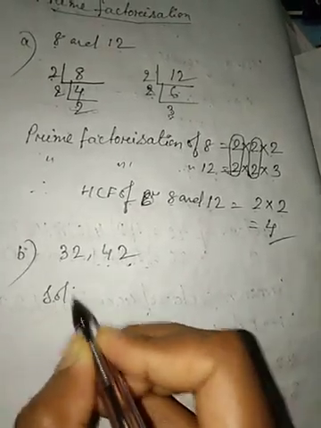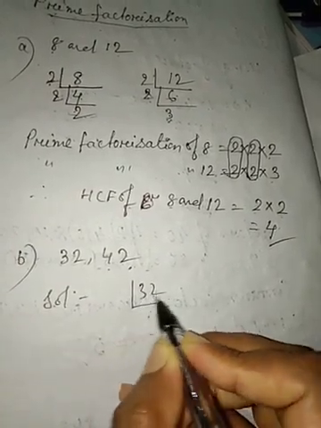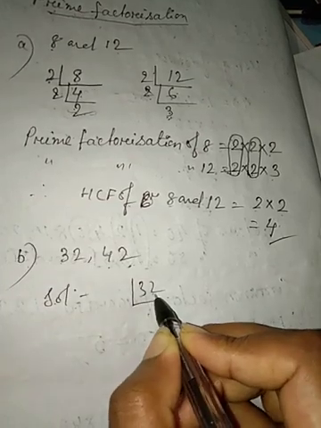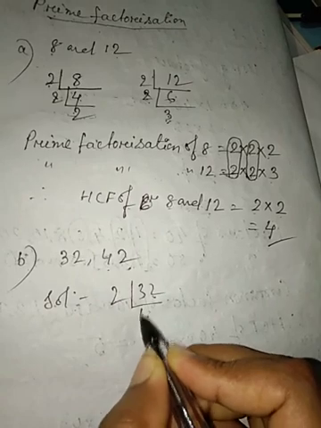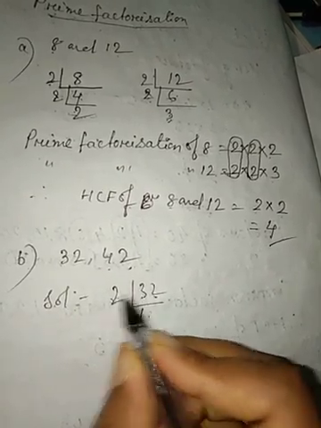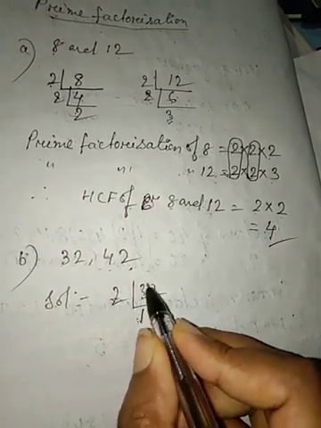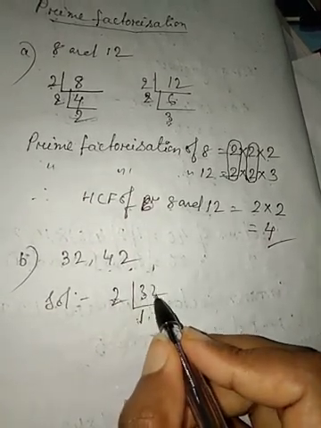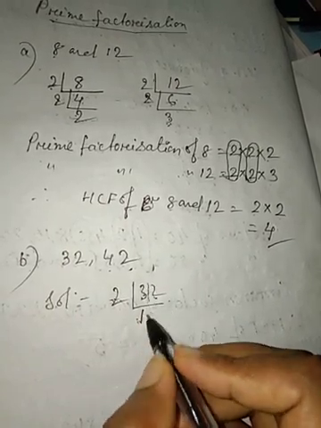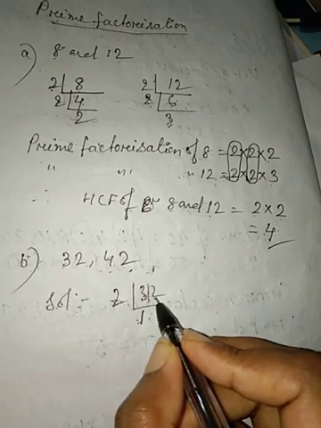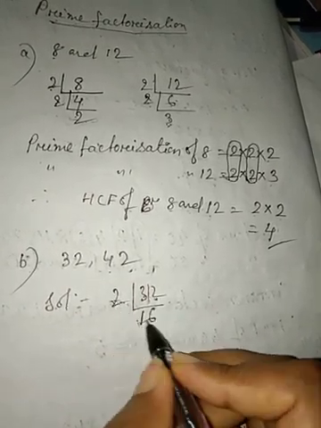See how we solve. 32 is divisible by 2. 2 ones are 2, but 3 minus 2 is 1, there is one remainder. So this one is put before 2. The number is 12 now. 2 6s are 12. That means 2 16s are 32.